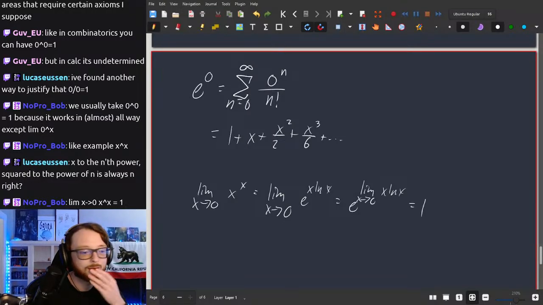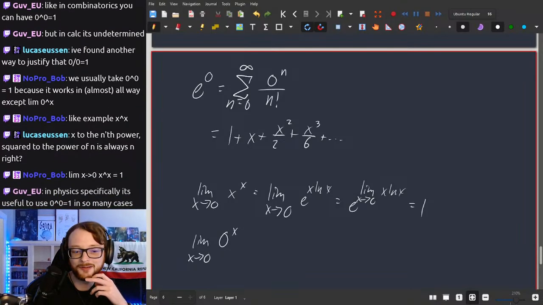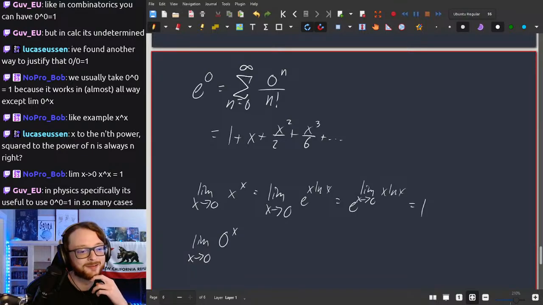I'm just gonna take your word for that because I don't want to do it. I have done this before. But you're saying if you have 0 to the x, I guess this would just be 0? Is that the point that you're making, that these aren't quite the same?